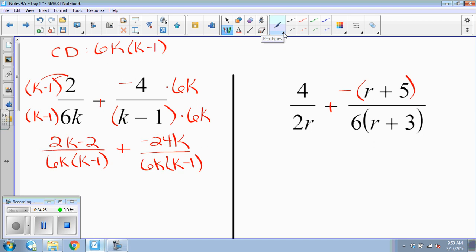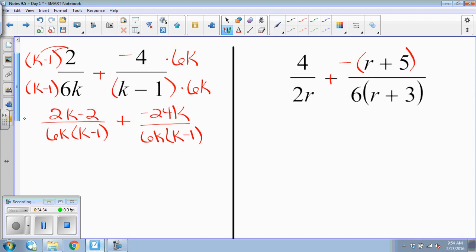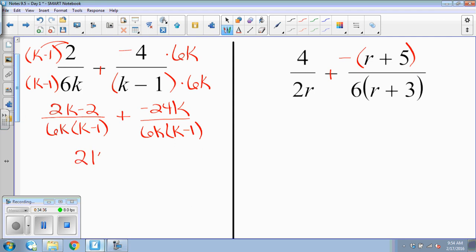Thank you. So, now our denominator is the same. It's just back to like a problem we were just doing. Okay? And so we're going to combine our tops. So that's 2K minus 2 and then minus 24K, because it's negative, over 6K times K minus 1. Right?